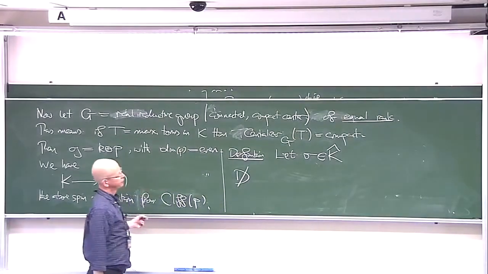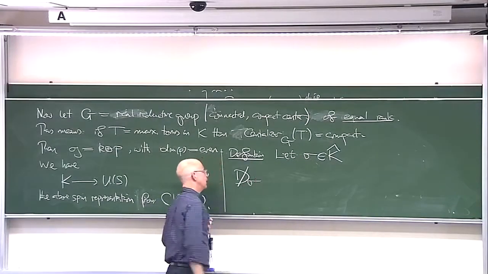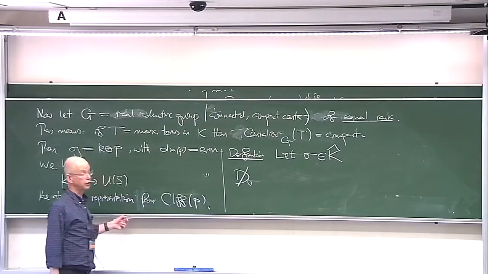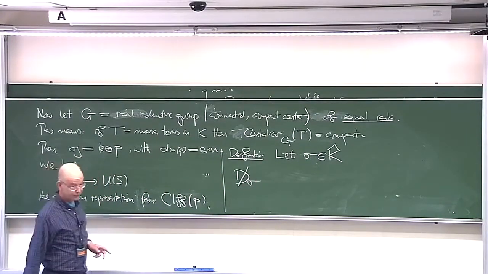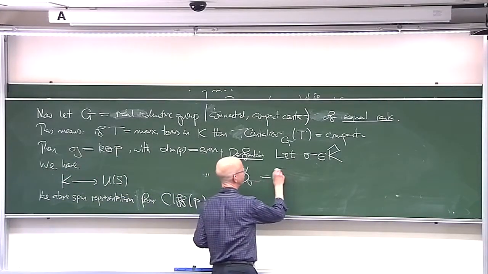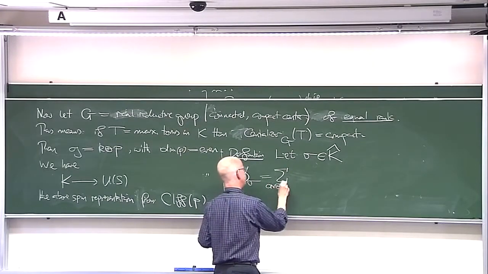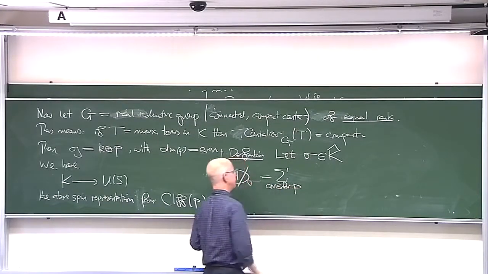And what I want to define here is a Dirac operator, and it will depend on sigma. So there's a new parameter here that we didn't see in the case of Rn. And it's a summation over an orthonormal basis for the space P.